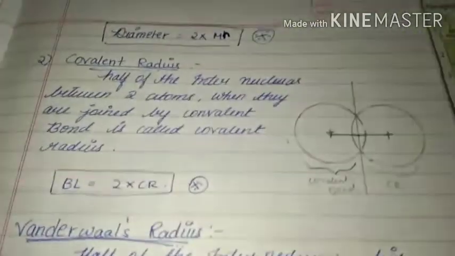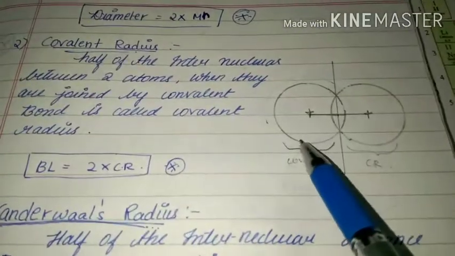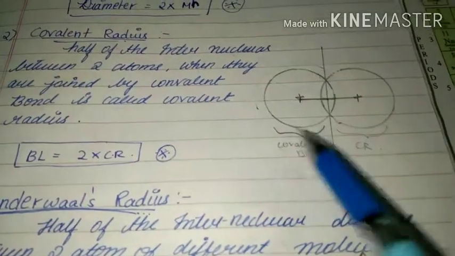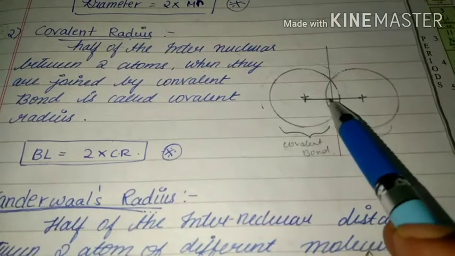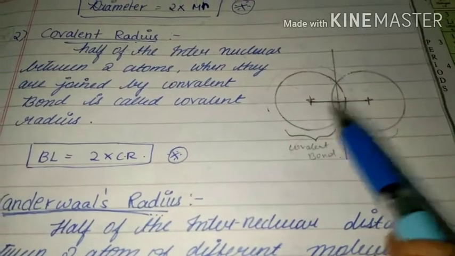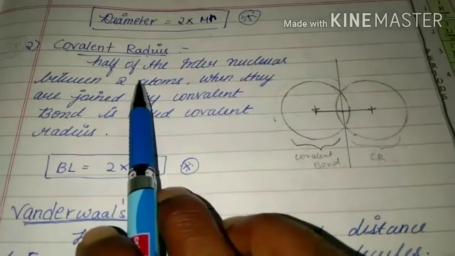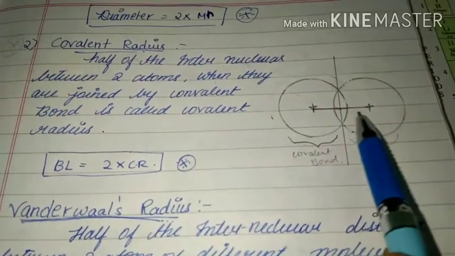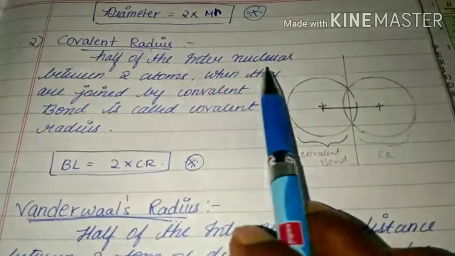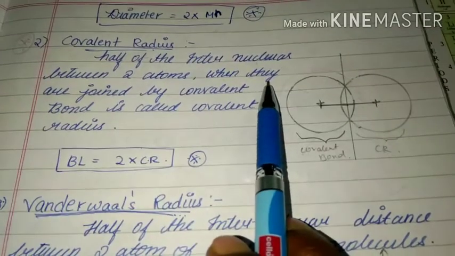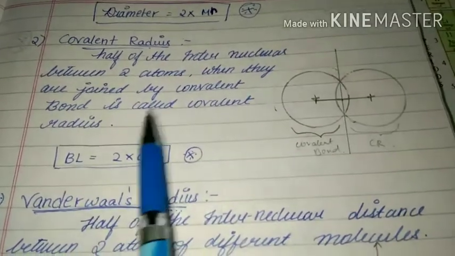Next, covalent radius. Covalent radius means when two atoms are bonded like this, then this distance, from here to here, is considered as covalent radius. So what is the definition? This is the internuclear distance. So half of the internuclear distance between two atoms when they are joined by a covalent bond.